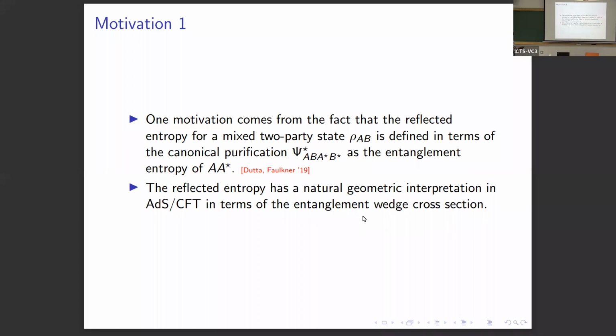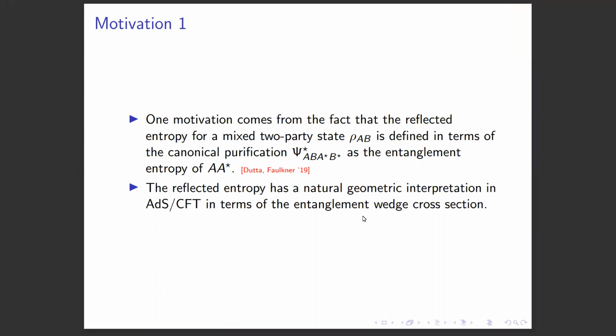Basically, one takes this density matrix, canonically purifies it, and then studies the entanglement entropy of A star in that canonically purified state. And this reflected entropy finds a natural geometric interpretation in AdS/CFT in terms of.